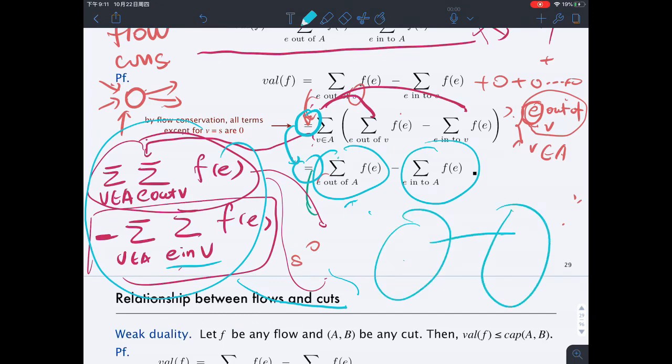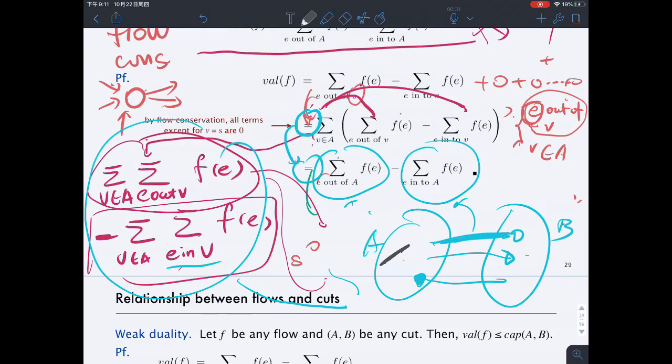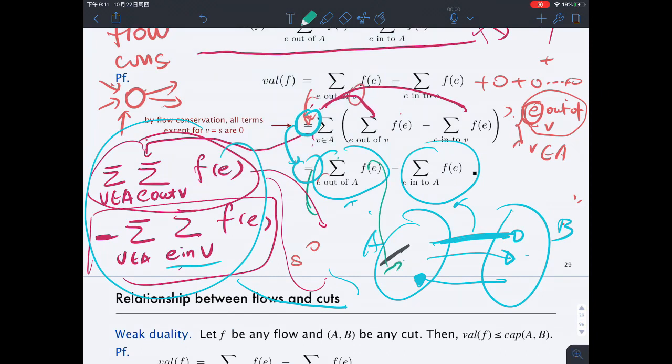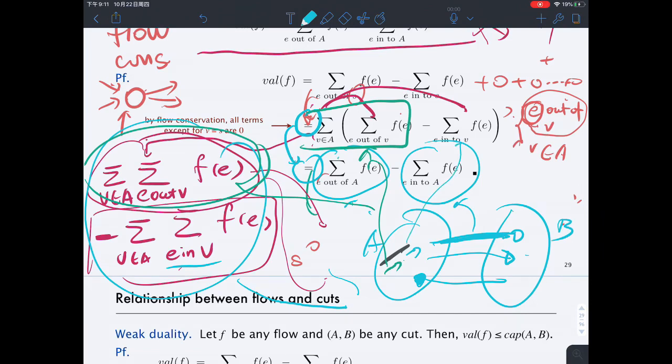So basically, it really just becomes that I need to count all the edges moving from A to B, minus all the edges that are moving from B to A. This is really the intuition here. For any edge that is within A, it will be counted once in this term, and once in this other term.